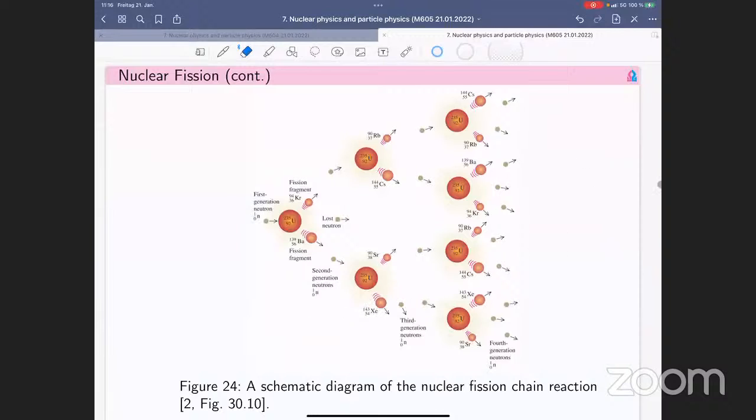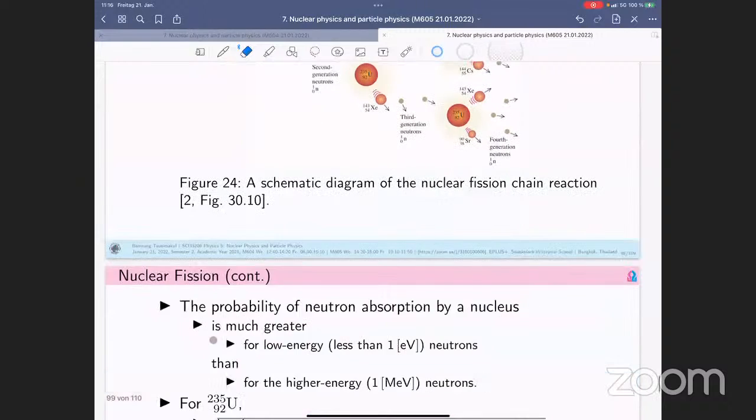The process goes on in a chain way. It's called a chain reaction, and this is nuclear fission. So we say nuclear fission chain reaction, taken from book number 2.